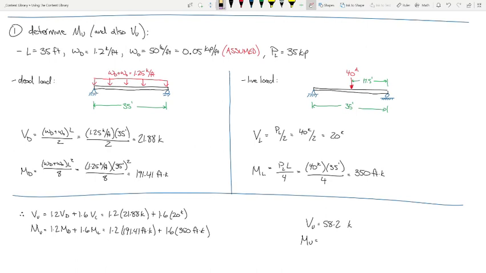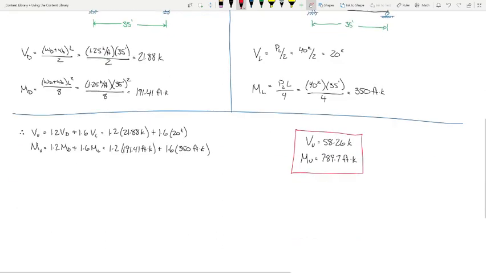We'll do the 26. Remember, for shear, it's not going to matter. And this one, I've got 789.7. Does that make sense? Okay, so ultimately the magical value that we wanted at the end of this step was our factored moment, but we went ahead and got the shear. And again, like we've seen so far, the shear really isn't going to matter all that much anyways.